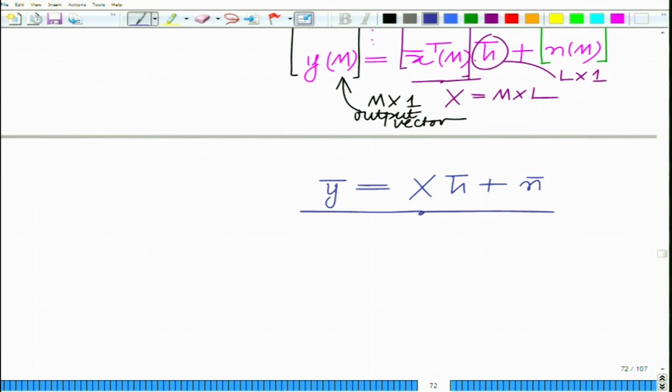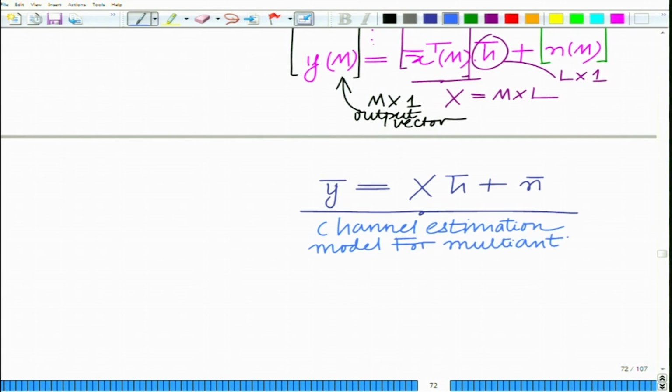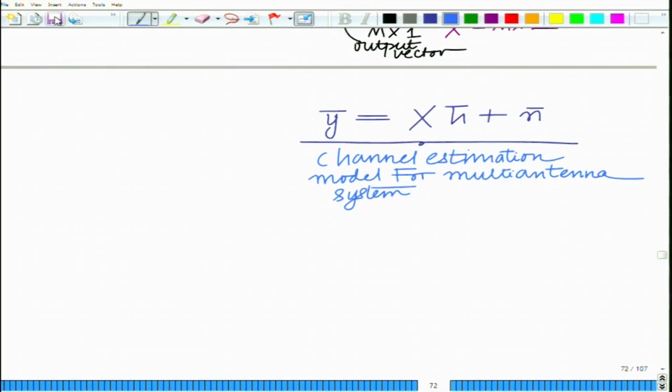So, this is the model for channel estimation, the channel estimation model for the multi antenna system, and in fact, this X is the pilot matrix.